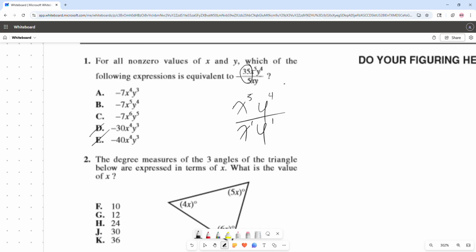For x, you subtract 5 minus 1 equals 4, which means it's x to the power of 4. For y, you subtract 4 minus 1 equals 3, which equals y cubed. So the answer is A, negative 7, x to the power of 4 times y cubed.